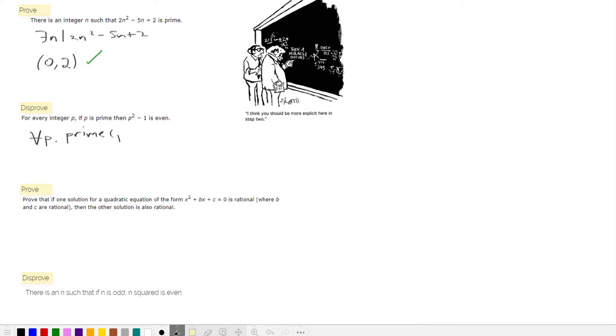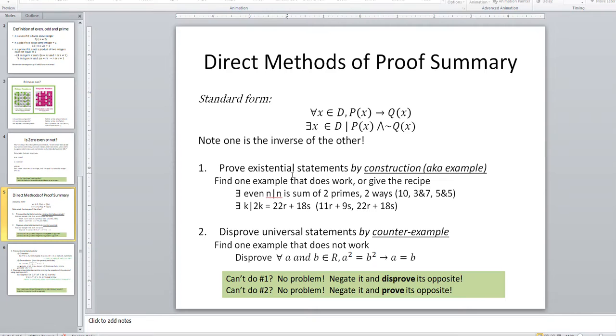If p is prime, then p squared minus 1 is even. Okay, this is disproving a universal. So what did we say? Let's see. To disprove a universal, we just need one example that does not work. Here we found an example that does. Here we need one example that doesn't.